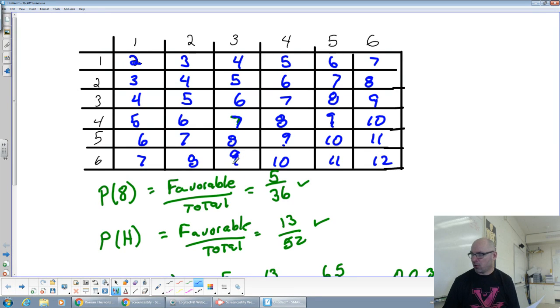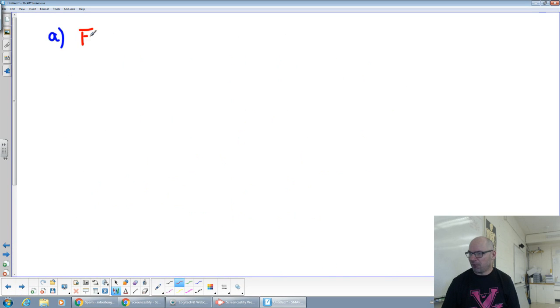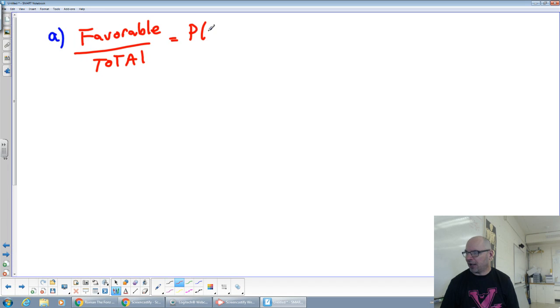So we've got to select all the ones that are 9 or greater. So these are all of them. Okay, so that's our favorable, all the circled red ones. So if we go back, we want favorable over total for the probability of 9 or greater.